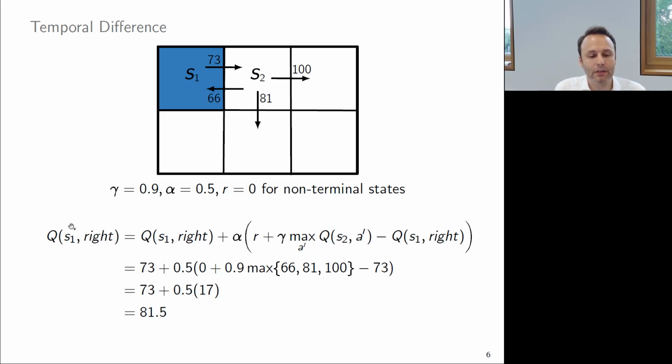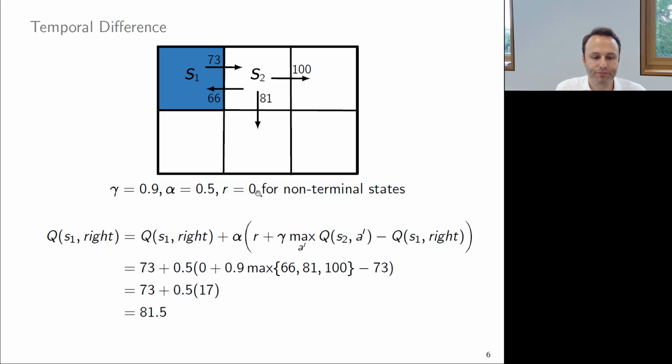So that's gonna be our previous estimate, which is the 73, plus the learning rate, which is 1/2, times an error correction. And this error correction is just the immediate reward that we get from going to S2.